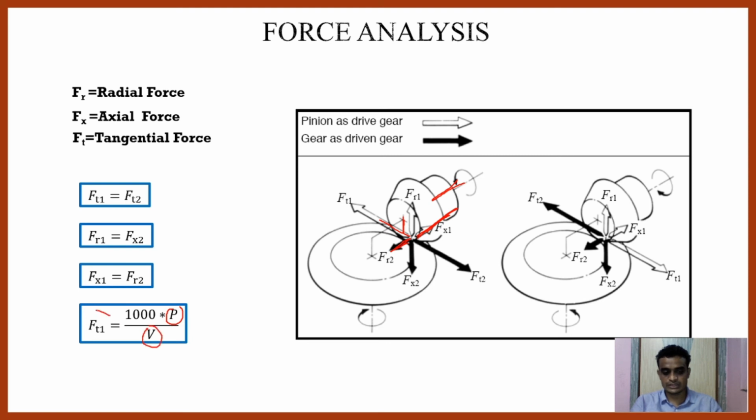By putting this value in this equation, we can find out ft2. After getting ft2, we can find out the remaining forces by considering the same concept that we have studied in the helical gears.